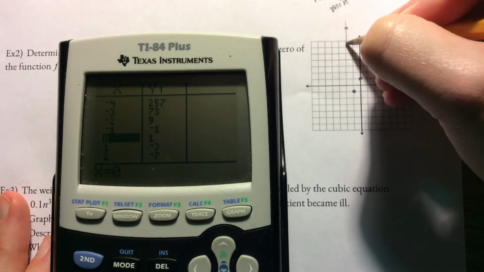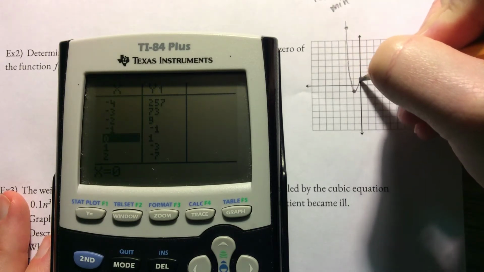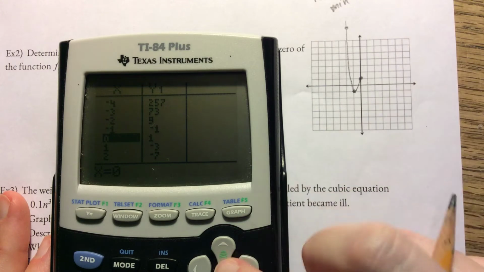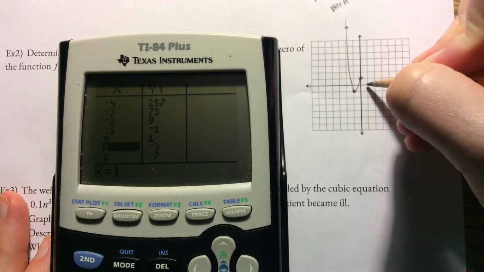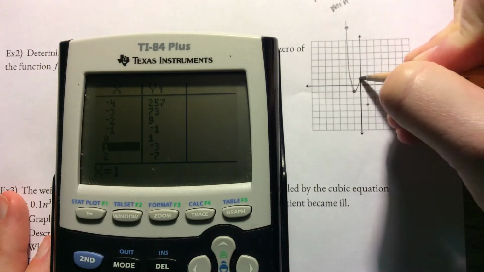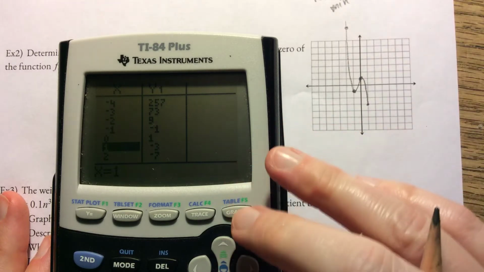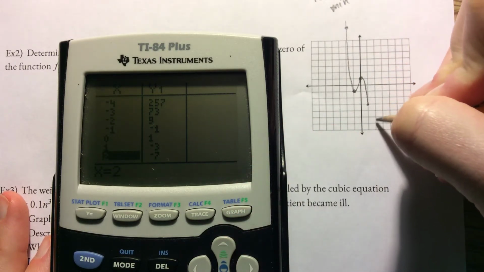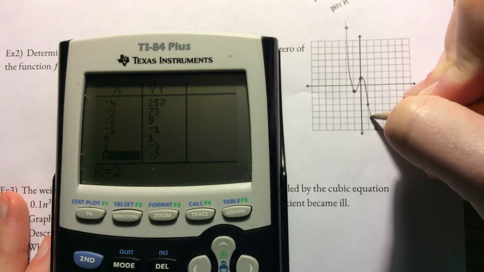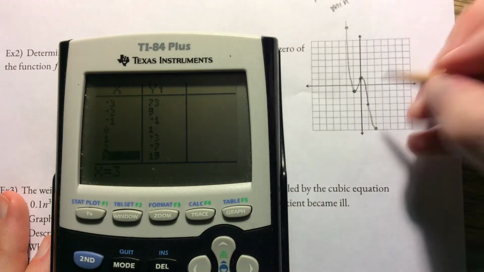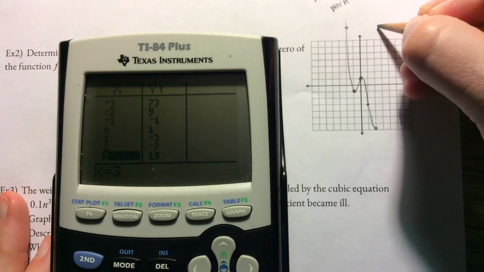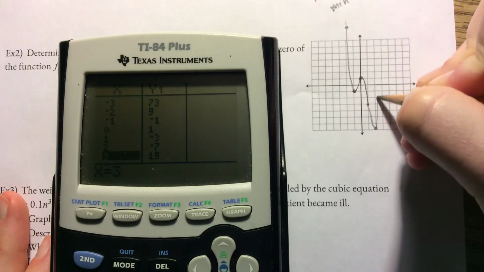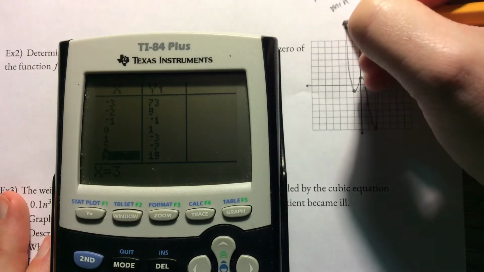So this is going to come down here and then back up there. 1, negative 3. 2, negative 7. And then 3 is up to 19. So that's going to go way up from there.